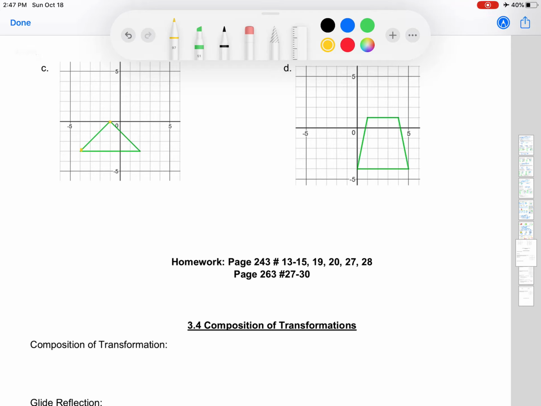On example 3C, I noticed that to get from the corner to the top of my figure, I'm going up 1, 2, 3, and to the right 1, 2, 3. From here, I'm going up 1, 2, 3, and to the left 1, 2, 3. So these have the same slopes. These both have a slope of 1, which tells me that those are going to end up being the same because this falls directly in the center. I have 3 units on the left and 3 units on the right to get to those 2 vertices.